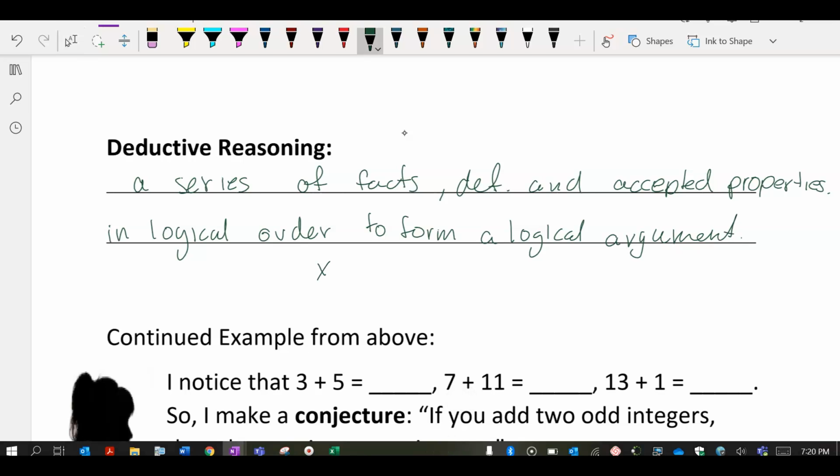Okay, so it's essentially making a conclusion based on facts.